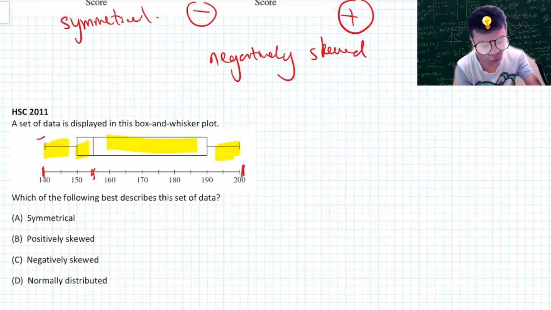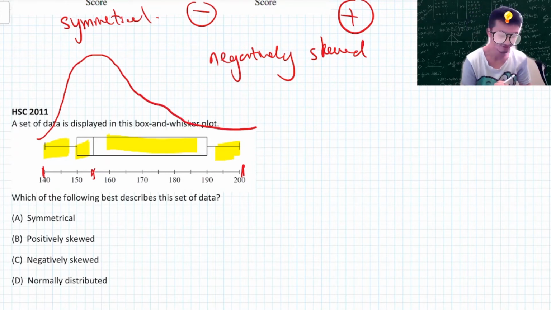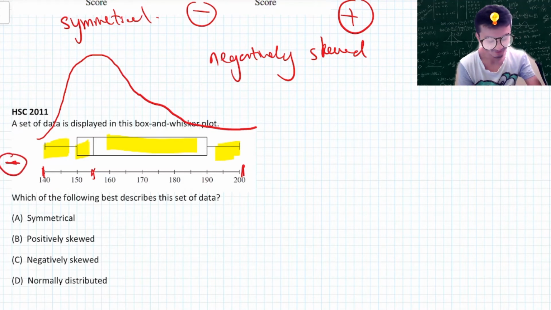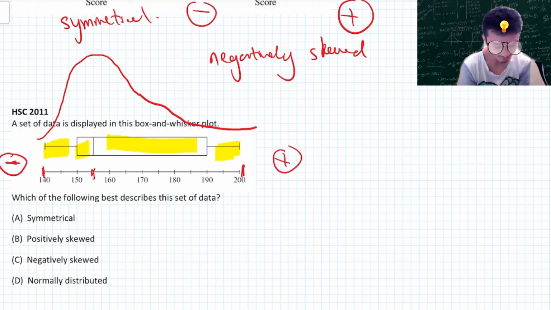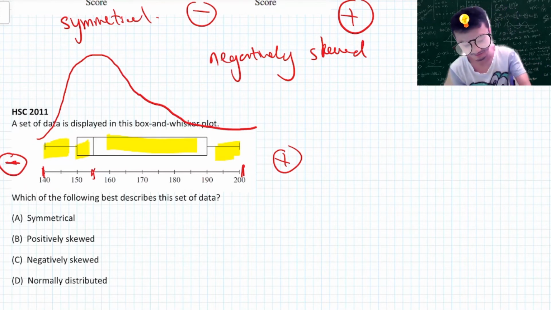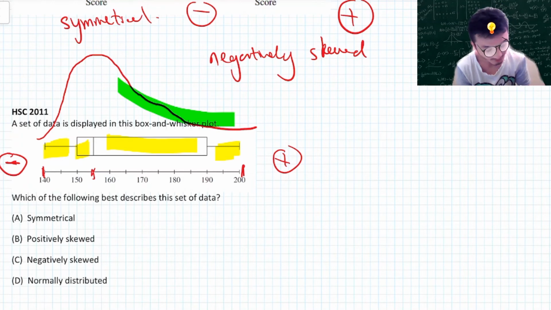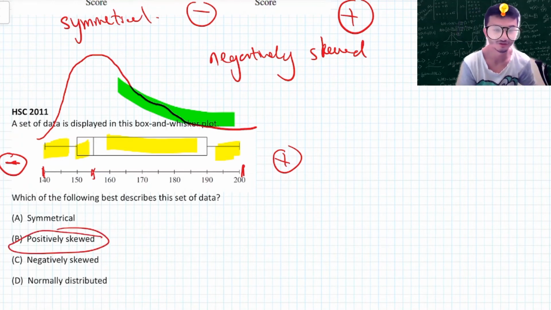If I squish them all in, and then the rest of the 50% is kind of spread out, and there's like a tail end towards there. I've got the negative side here and the positive side here. So what's my skewness? Well, the tail end is to the right side, to the positive side. So that's where I determine its skewness. So it's positively skewed like that.